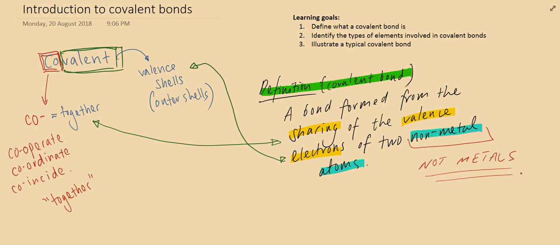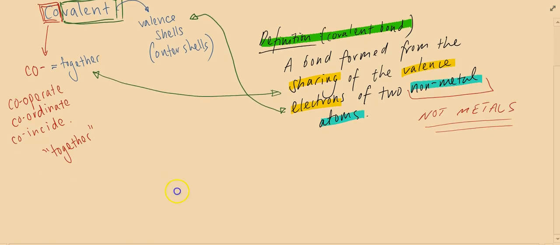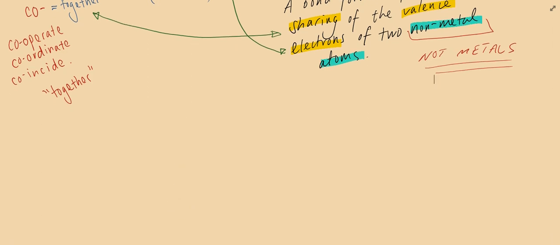Alright, so with the third learning goal, illustrate a typical covalent bond. Let's go with chlorine, our good friend chlorine. Now chlorine, we'll draw the electron dot diagram for an atom of chlorine. Chlorine would really love to gain one more electron to complete its octet.